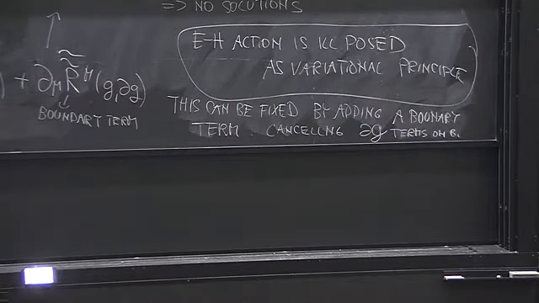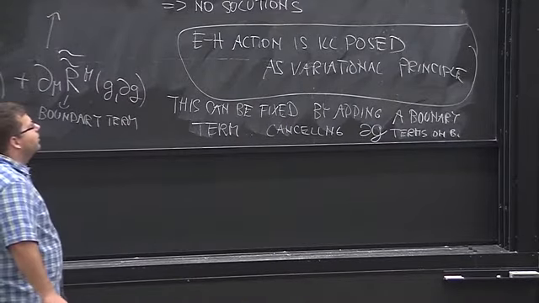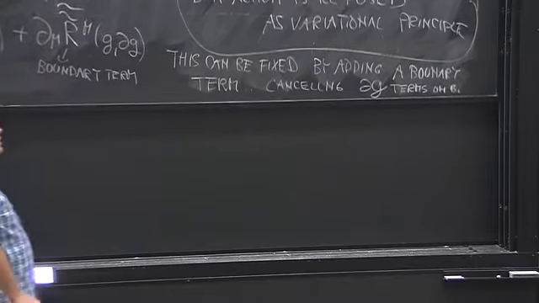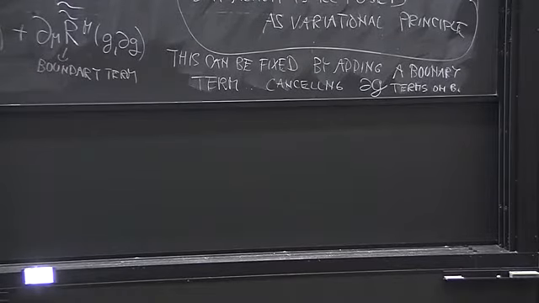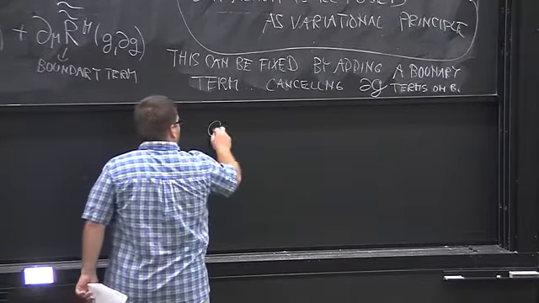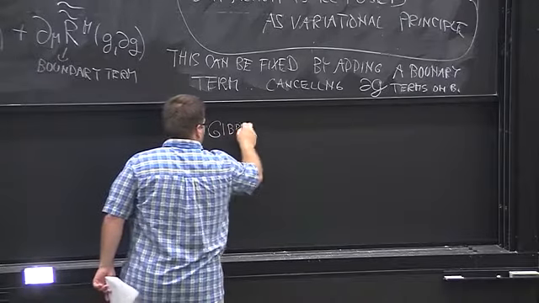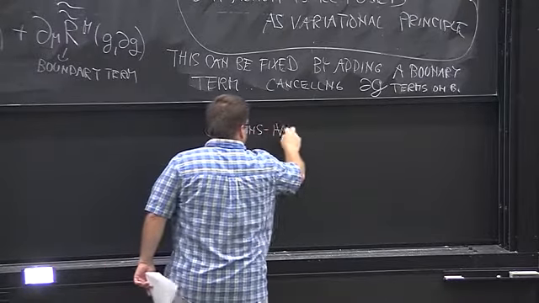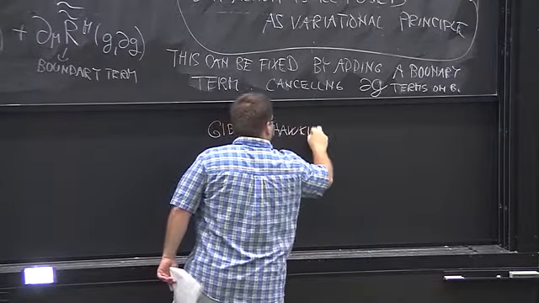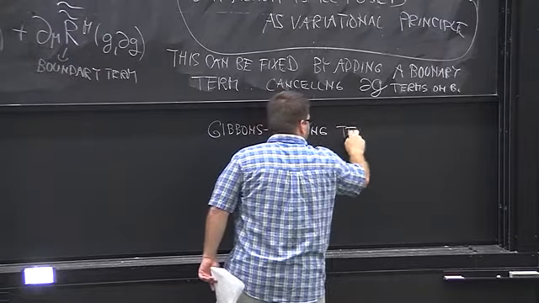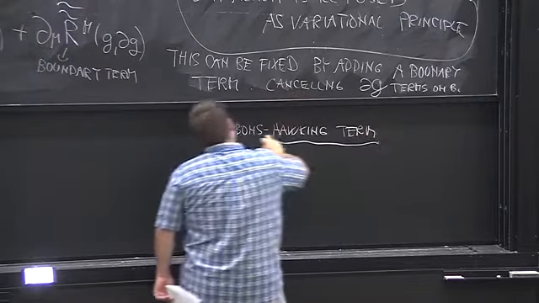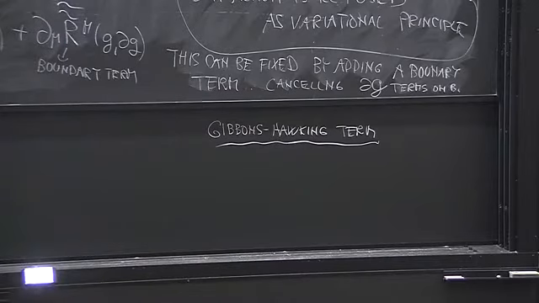This term was found, I don't know, maybe in the 70s or 80s, and it's called the Gibbons-Hawking term. Again, you will discuss this term in the gravitational physics course.